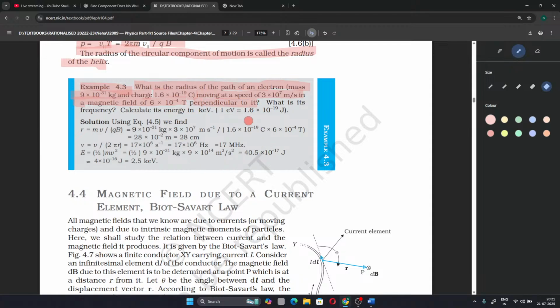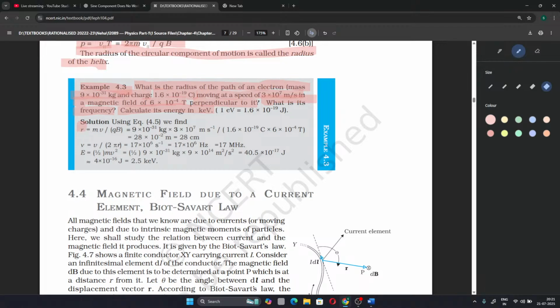The angle between the velocity and magnetic field is 90 degrees. What is the radius of the circular motion? What is the frequency? Calculate its energy in kilo electron volt, where 1 electron volt is 1.6 into 10 power minus 19 joule.